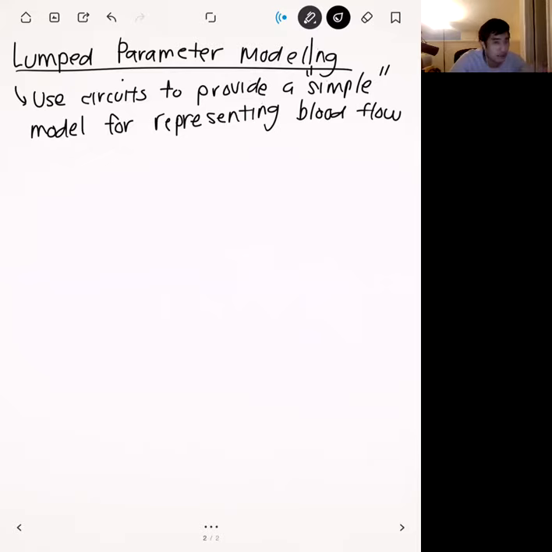There are a ton of parallels between fluid mechanics and circuits, and especially for cardiovascular fluid flows, a lot of features match up with circuits. The upshot is that we're leveraging the analogy between circuits and fluid mechanics.